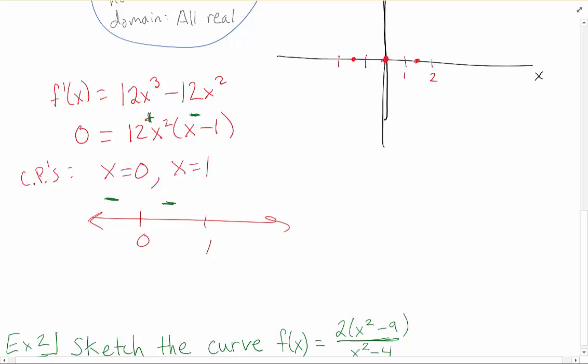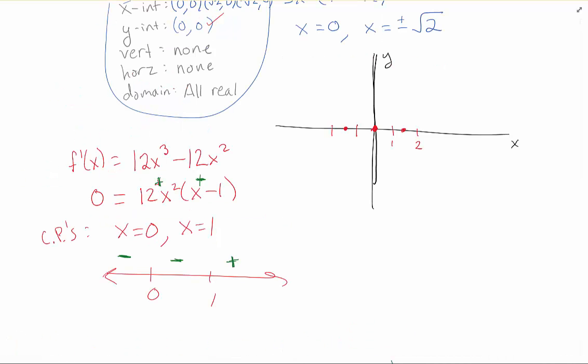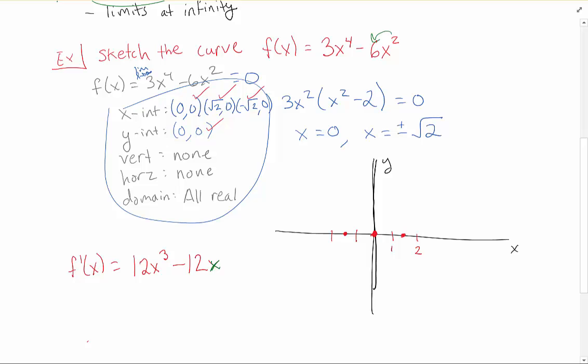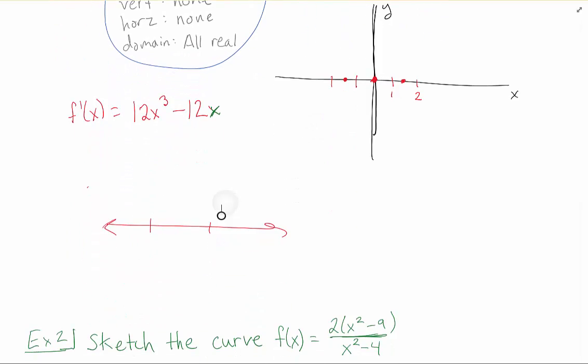And then greater than 1, like 2, positive, positive. Oh, you know what? I just realized I actually made a mistake. The derivative should have been 12x cubed minus just 12x, because that's 12x. That was my fault.